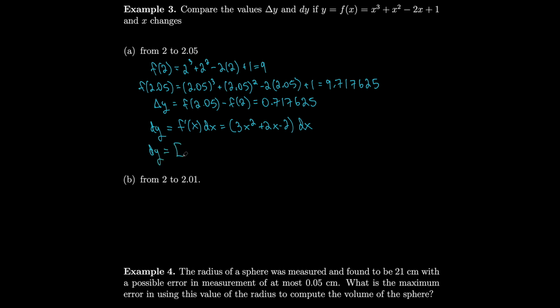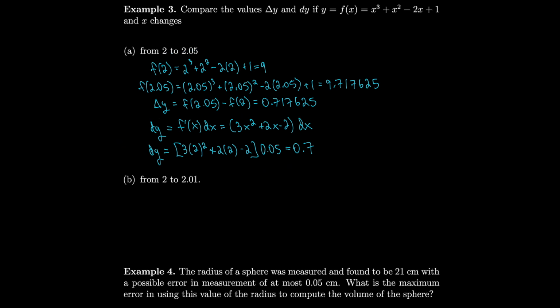So plugging in, we get 3 times 2 squared plus 2 times 2 minus 2 times 0.05, which is 0.7. So you can see these values are pretty close to each other. But you can also see that this was a lot more work to calculate than just this.